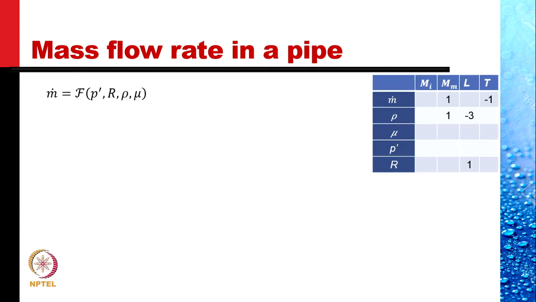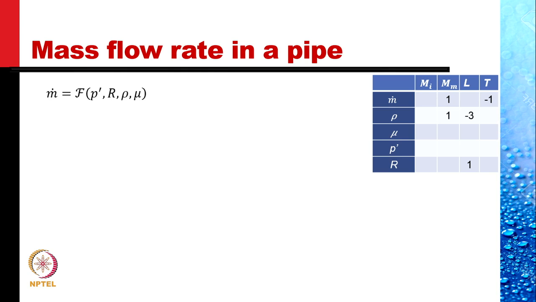If we do this, we now have a 4-dimensional set: mi representing mass as the inertia, mm mass as the quantity of matter, and L and T. Then the 5 parameters, m dot, P prime, r, rho, and mu.